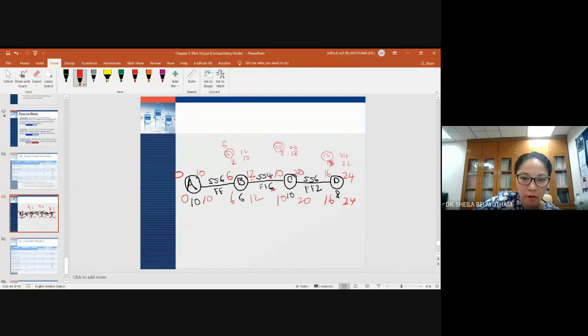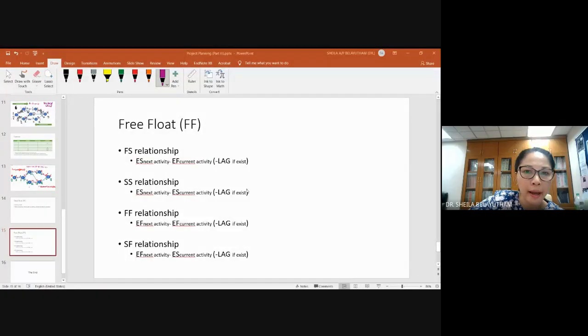So let's go back to the free float. Okay, so done on that. Let's go back to the free float calculation. Just now we mentioned total float, and next we will do free float.